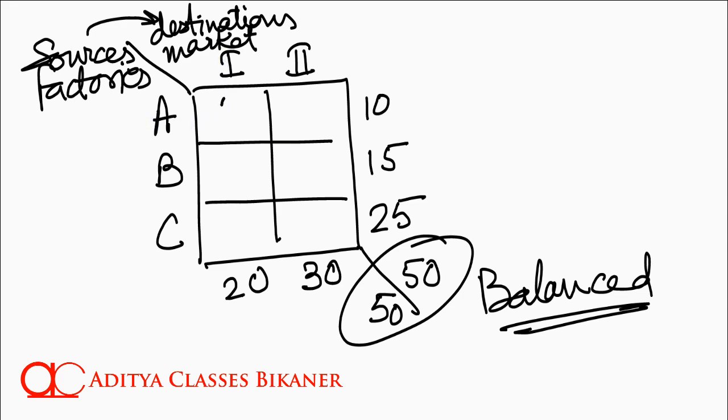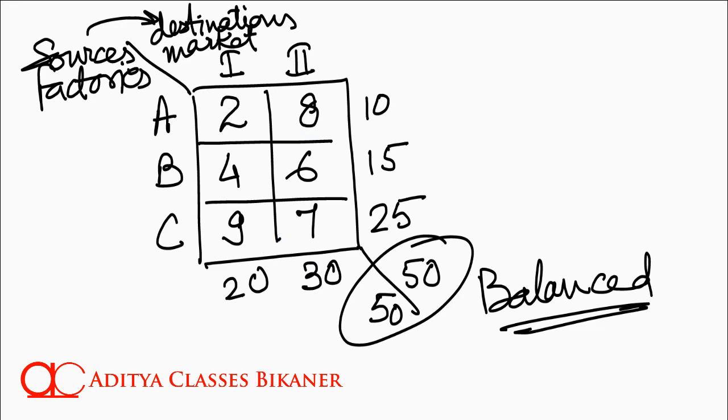Let's say it costs me 2 rupees. If I transport that same unit from A to the second market, maybe it costs me 8 rupees. Similarly, let us say we have 4, 6, 9 and 7.